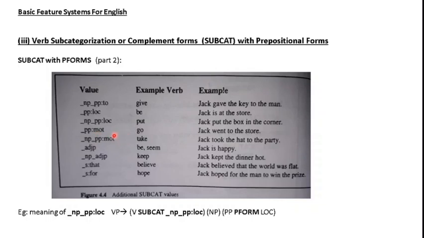So you can say that if a sentence includes the past tense form of take, and you use a prepositional phrase as a complement, then it should be constrained by a mod. Similarly you can go through other examples also.